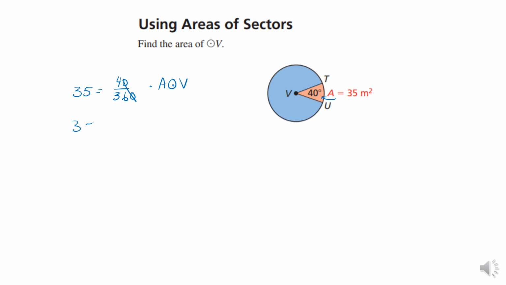We're going to get 35 equals 1/9 times area of circle V. So we're going to multiply both sides times 9. And we get 315 equals the area of circle V. And that would be 315 meters squared. All right, so that's an easy way to go about that.